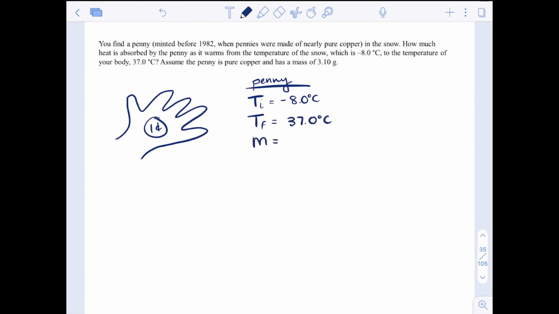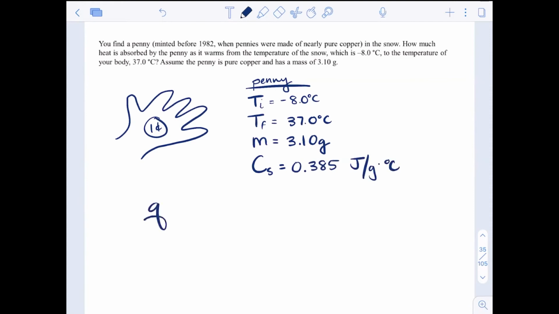The mass is 3.10 grams, and the specific heat capacity we can get from table 9.2 in the textbook or on the previous slide, which is 0.385 joules per gram degrees Celsius, specifically for copper.